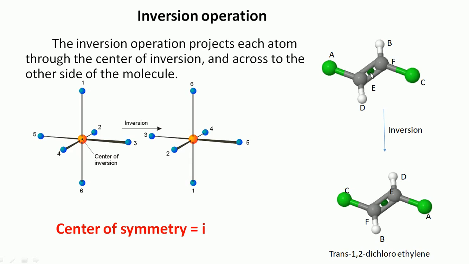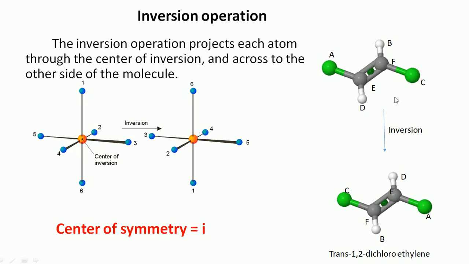You see this molecule, let it be trans-1,2-dichloroethylene. If you imagine a point here at the center of this carbon-carbon double bond, and invert the molecule through this center, A will go to the position of C, and C will come here, and this hydrogen B will come to the position of hydrogen D, and D will go here, and these two carbons E and F also will invert their positions.